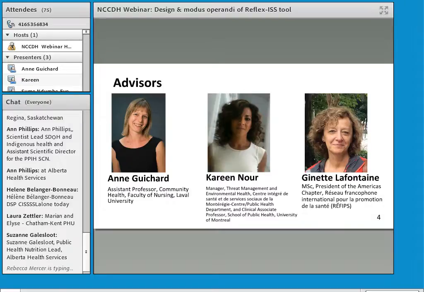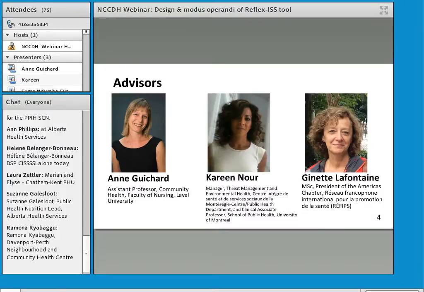Our second presenter is Karen Noor, who holds a PhD in public health from the University of Montreal and acts as service manager in the threat management and environmental health team at the Montérégie Public Health Unit. She is also a clinical professor at the Department of Social and Preventative Medicine at the School of Public Health in the University of Montreal, and an associate professor at the University of Sherbrooke, and a member of a number of research groups in Quebec.